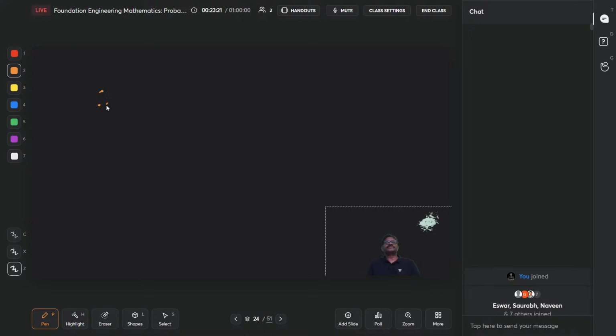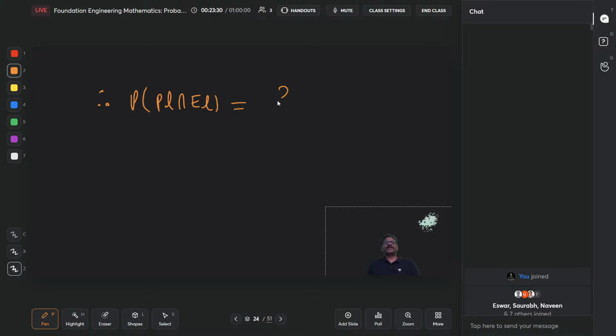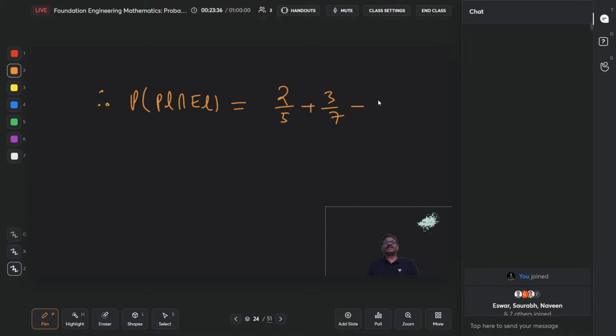Therefore, probability of PL intersection EL is 2 by 5 plus 3 by 7 minus 2 by 3.